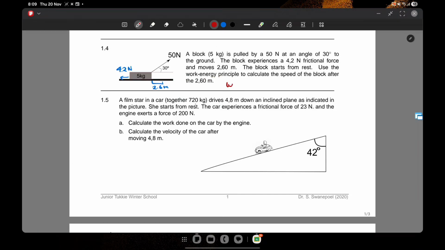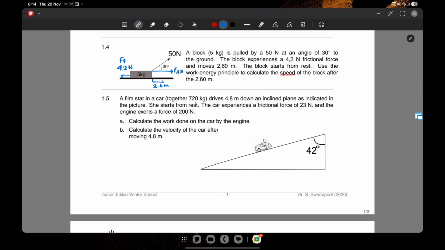This principle is that work done is the change in kinetic energy, which is half m v final squared minus half m v initial squared. So, in this question, we need to find the speed, right? And they're asking us to find it through the work energy principle.